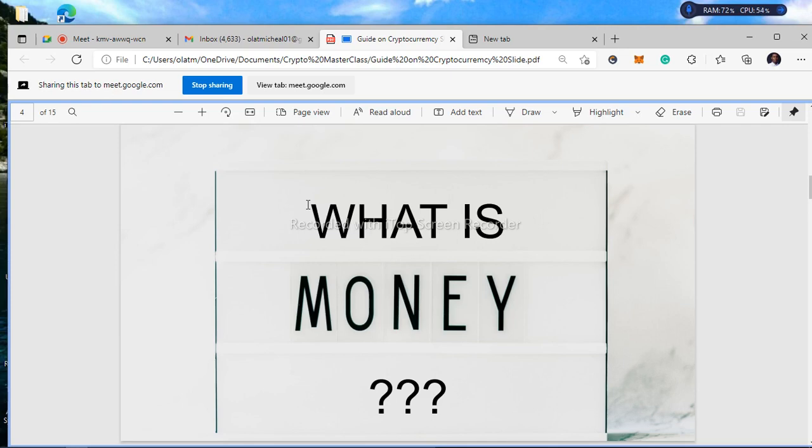Because cryptocurrency is a form of money, we need to know where it started from before we can continue with this journey. So we need to go back in time to see what has actually brought about the idea of cryptocurrency. Because without understanding the history behind it, we won't know how to proceed further and why it's happening.